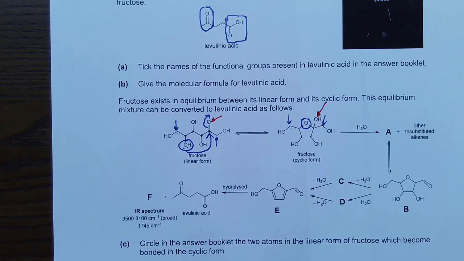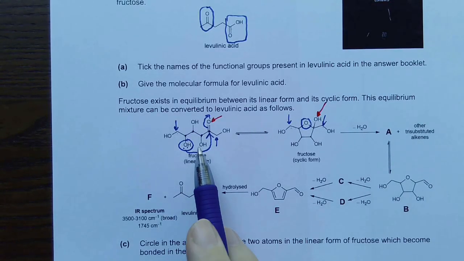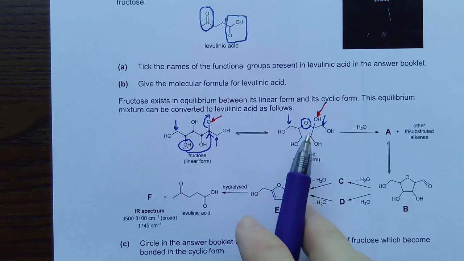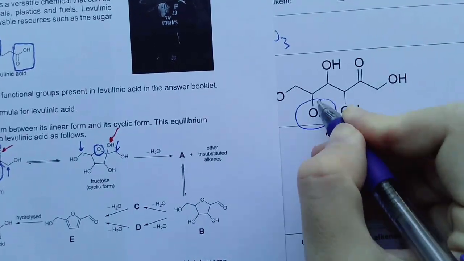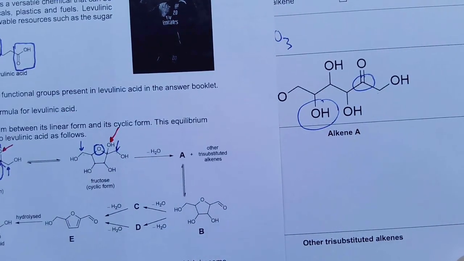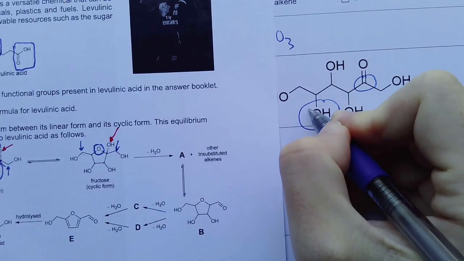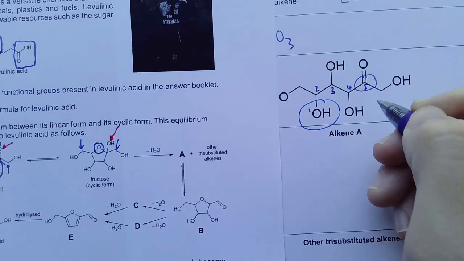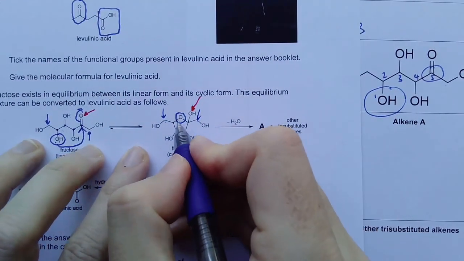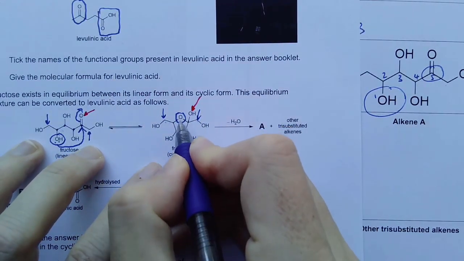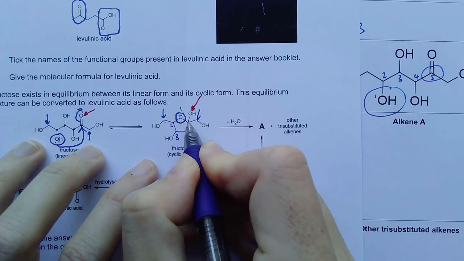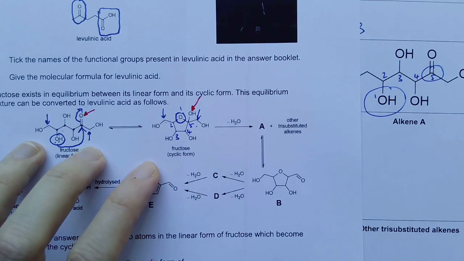So it's really important that you can identify which atoms in here are which atoms in here. The ones that are going to bond together are going to be this one and this one. And then that's going to give me 1, 2, 3, 4, 5, which correspond to, start at the oxygen, 1, 2, 3, 4, 5.